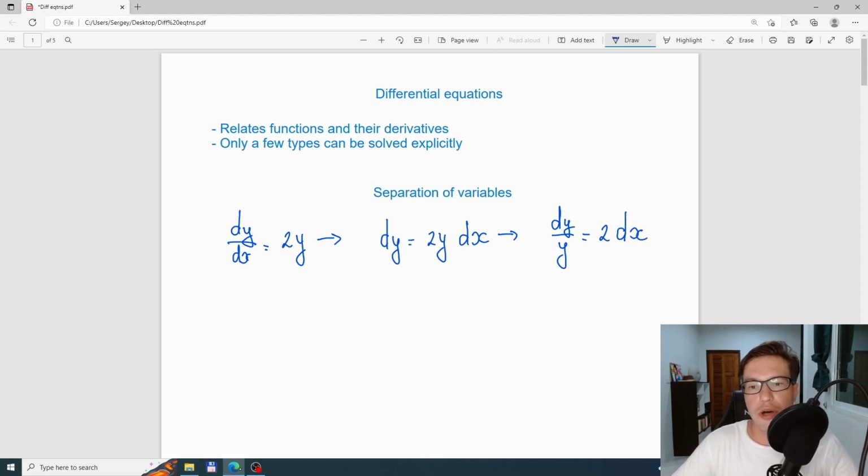So we have y and dy on the left side, and then we technically don't have x, but we get dx on the other side. So now the variables are separated. We have all y's on the left, and then x is on the right. So that means we can integrate both sides of the equation.